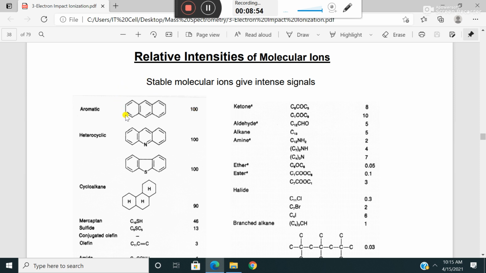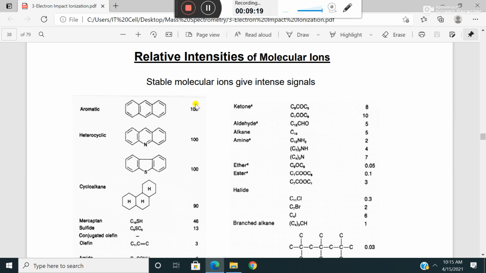This is a conjugated compound, anthracene type. In this case, you can see that there is conjugation throughout, right? So with this conjugation, this is a more stable ion. The later fragment peaks would not be as stable as this one is.